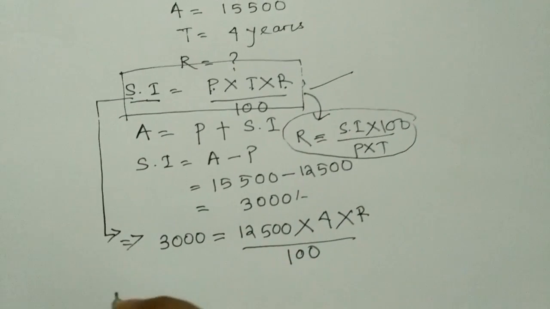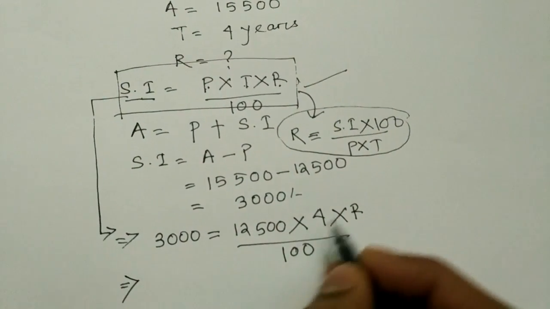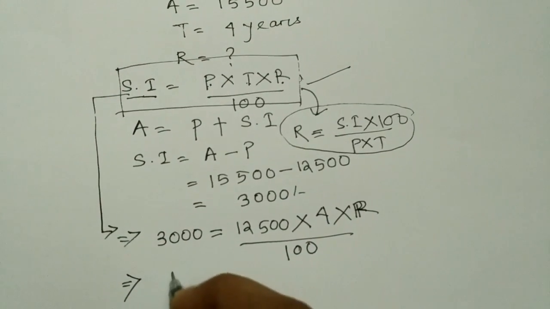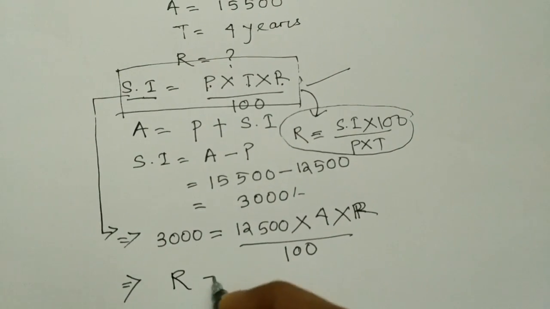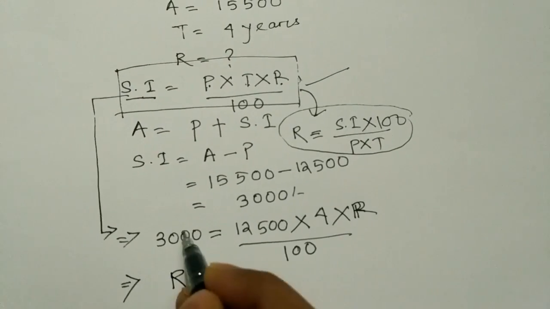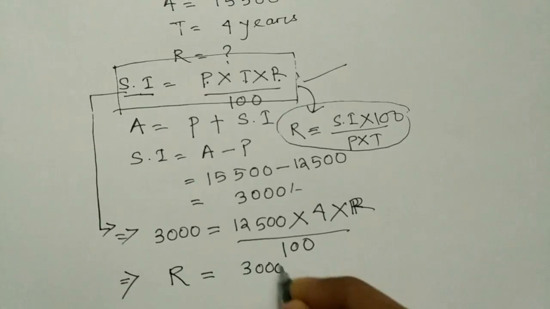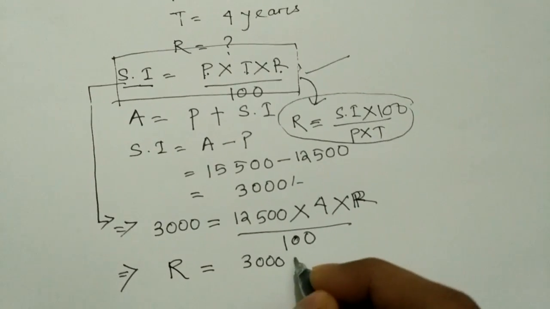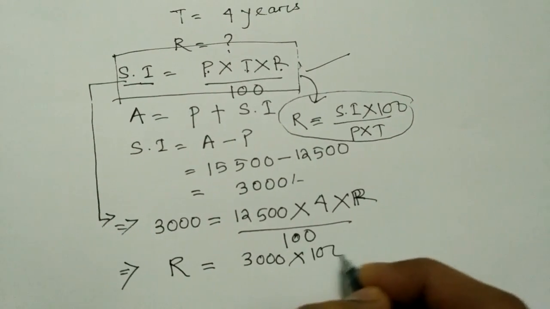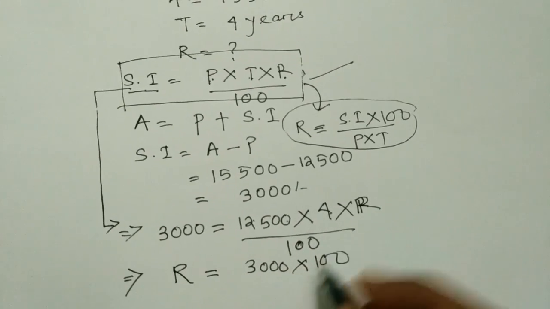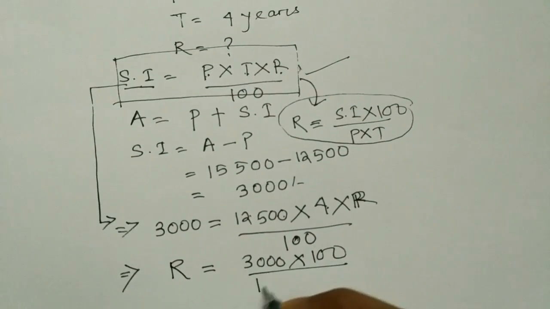So how can you solve this? From this formula we put all the values, so the rate of interest will be 3,000 into 100, divided by 12,500 into 4.